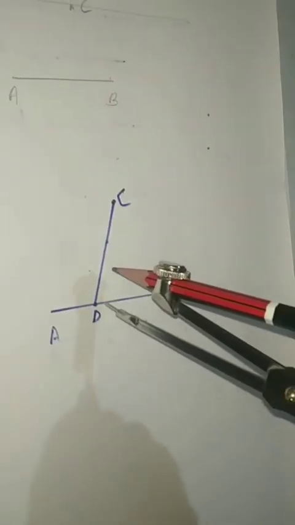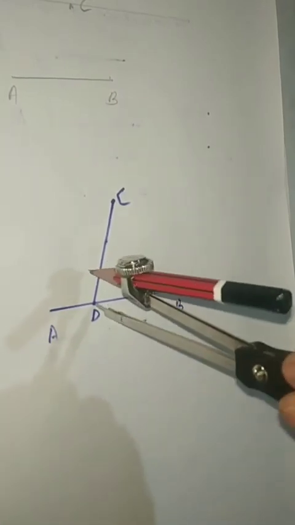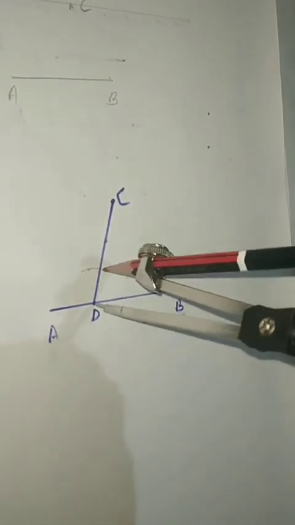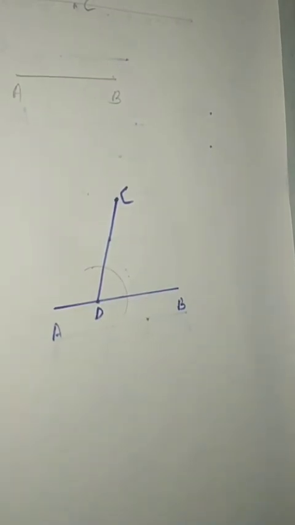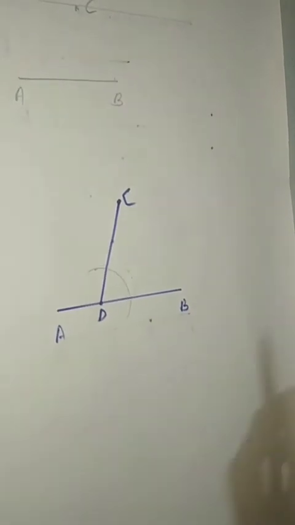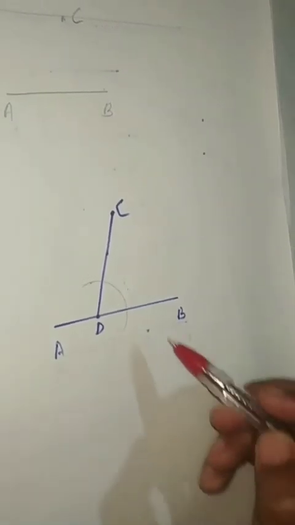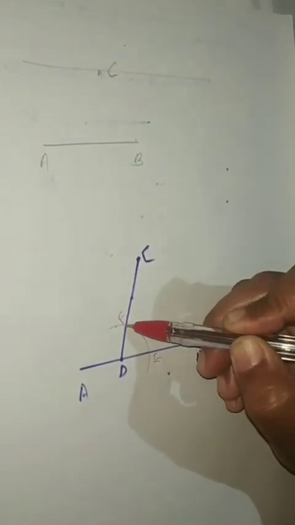We have to keep the compass point on D. Then draw an arc. Then we can name these points E and F.